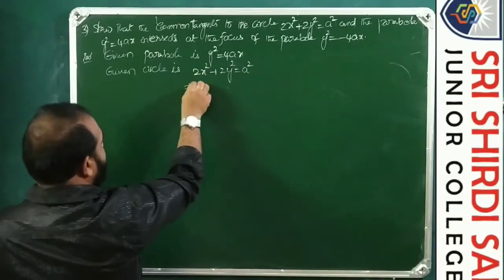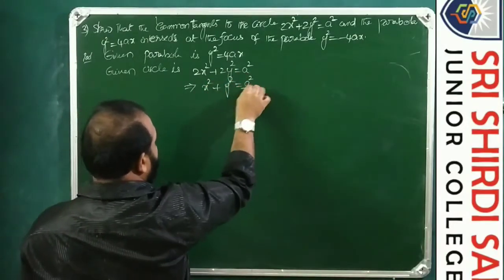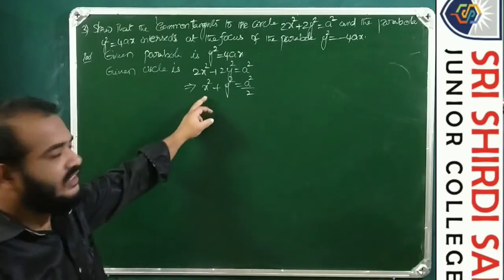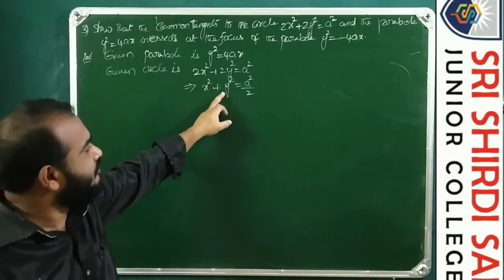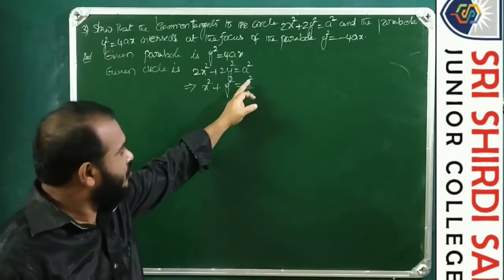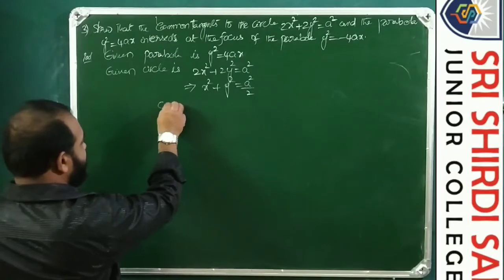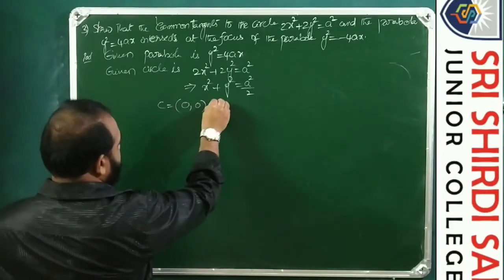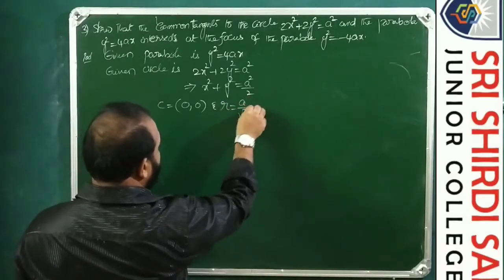From this, x square plus y square is equals to a square by 2. So this is the standard form of the circle whose center is at the origin, and radius r square equals to a square by 2, r equals to a by root 2. So center C is 0, 0 and radius r is equals to a by root 2.